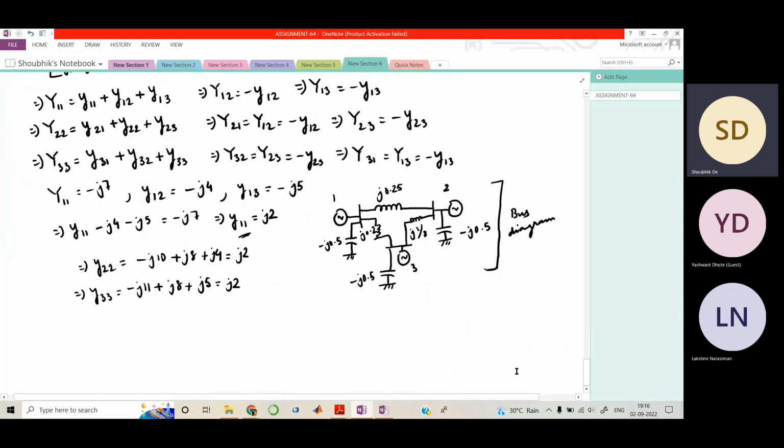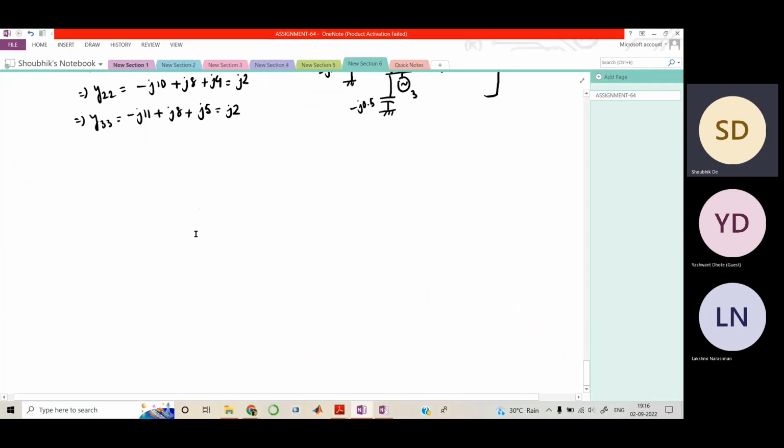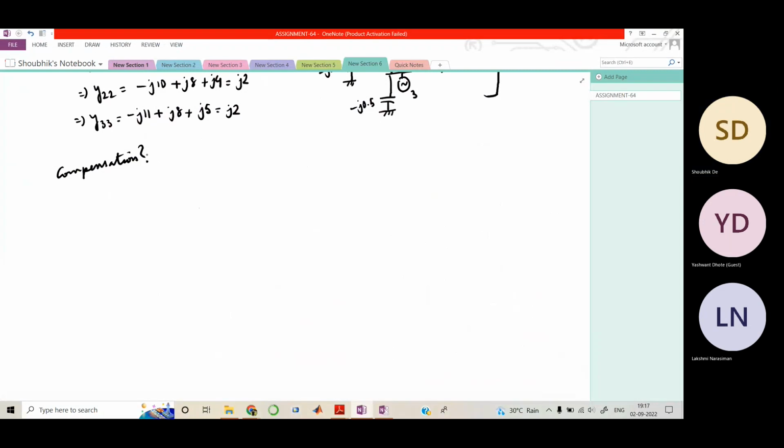Now you may ask what is compensation, what is the meaning of this? So I will briefly try to explain it here, since the problem is connected with this term. And anyways, we will be revisiting this term later, hopefully there is an assignment on voltage control, so we will be revisiting this concept.